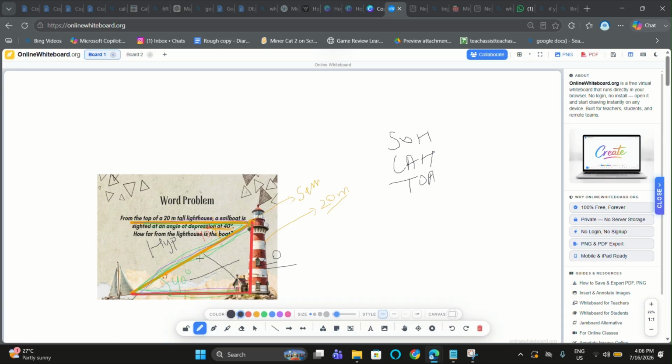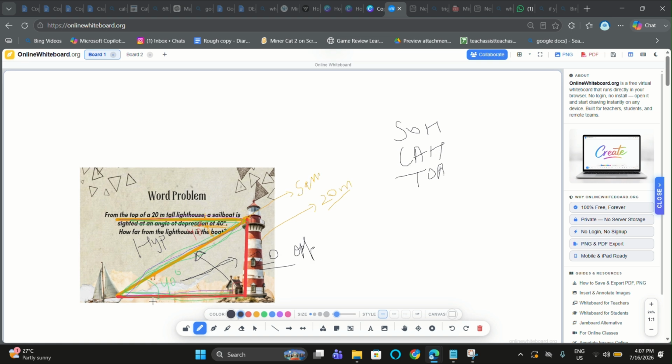Because it's opposite to the right angle, right? And if this is our reference angle, the side that's opposite to it is the opposite side. And the side that's adjacent, or right next to it, is the adjacent side. Don't mind my handwriting. Cool? So we know that we're finding the adjacent side, right? And we have the opposite side, right?